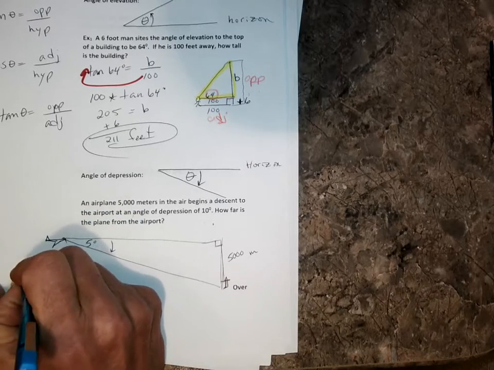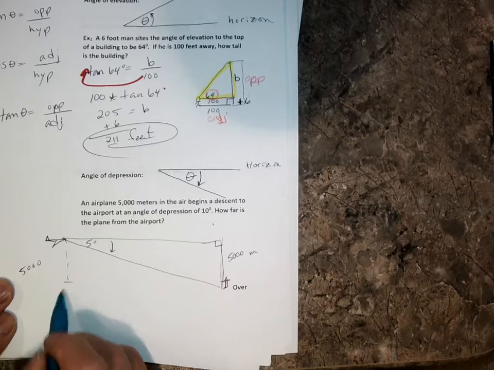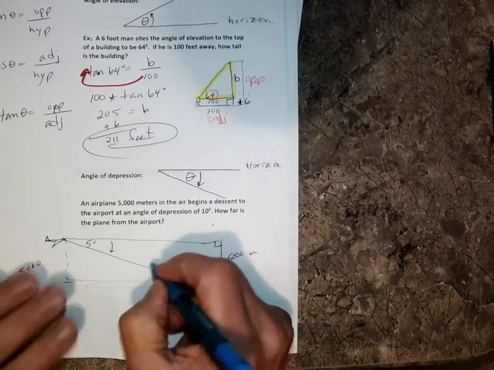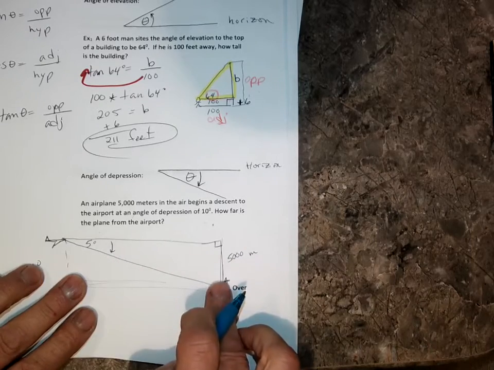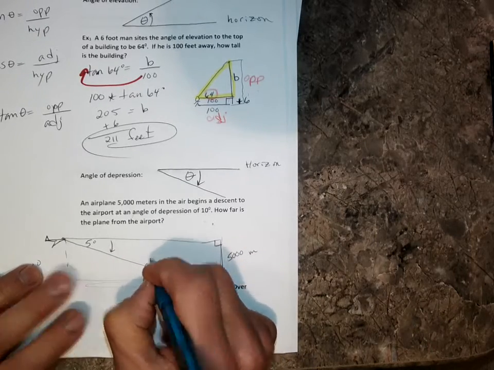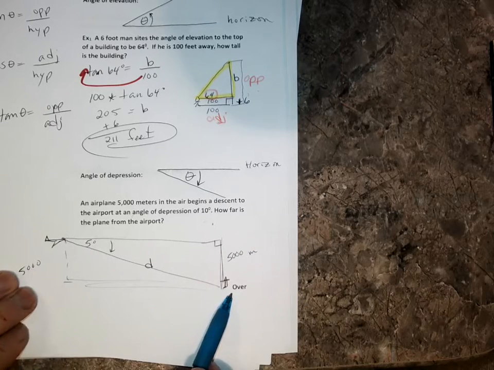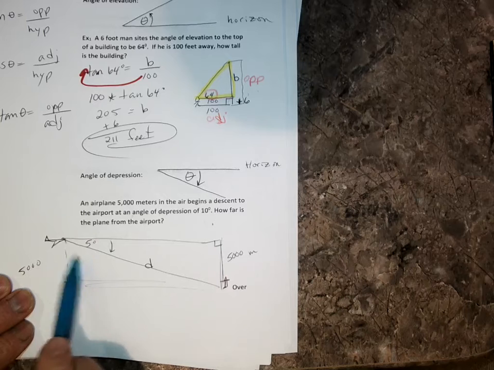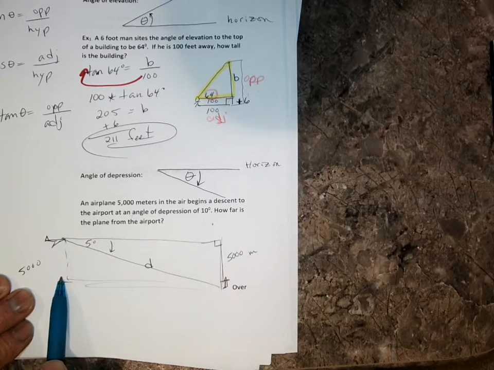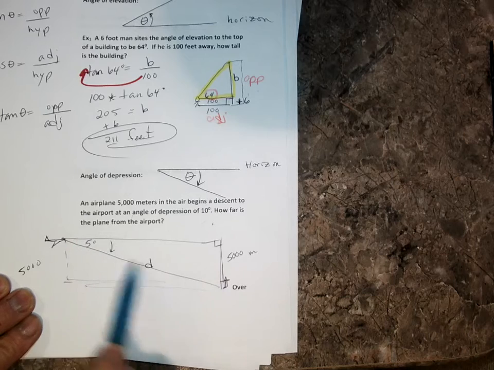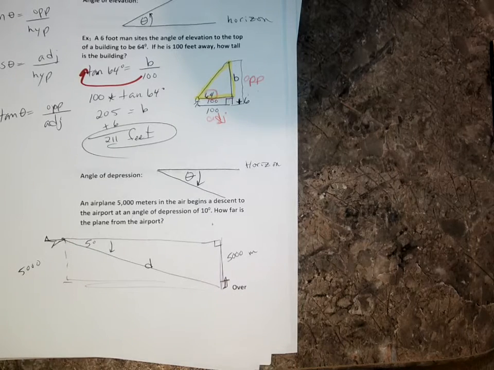So if I want to find out how far it is, I'm just going to call that distance D for distance. That's the distance of the airplane. So how far is the plane from the airport? That's the distance. Now we're not talking about the ground distance. We're saying how far is the airplane. Not how far is the ground distance, but how far is the airplane. That's that distance there.